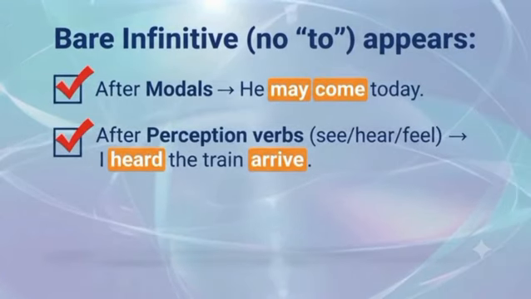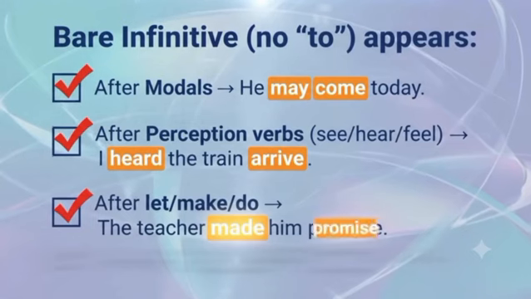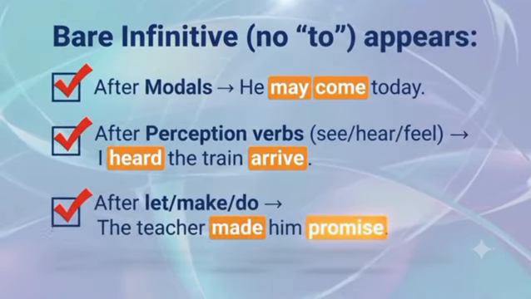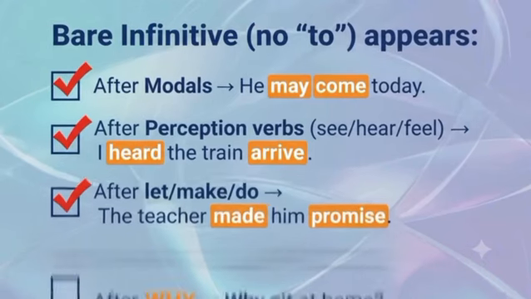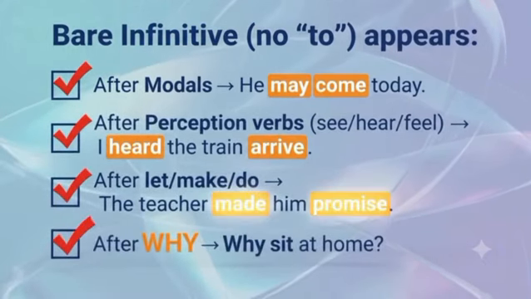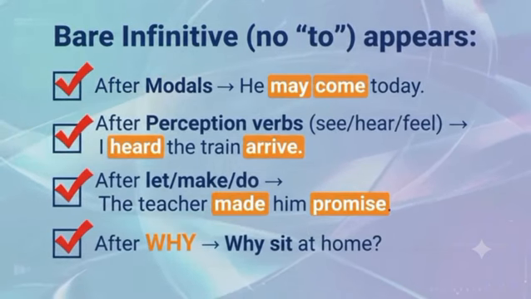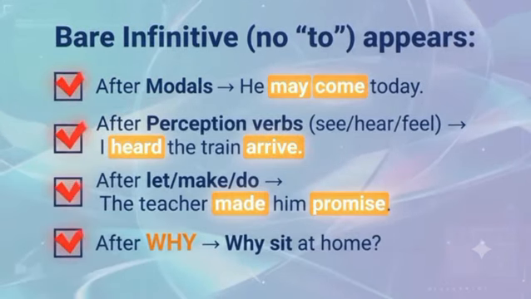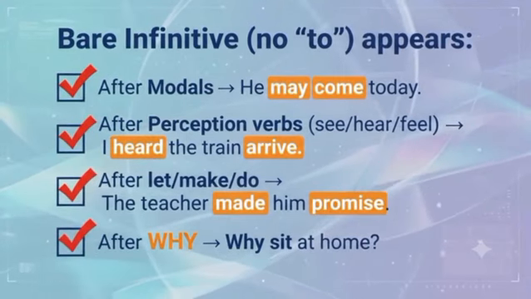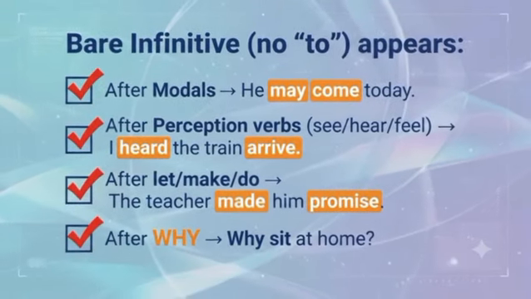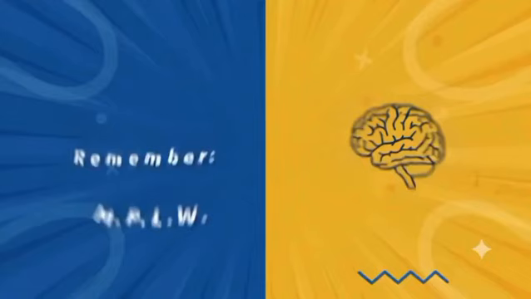After perception verbs like see, hear, feel, taste, for example, I heard the train arrive. After verbs like let, make, do, for example, teacher made him promise. And after the word why in a question. Why sit at home when the weather is good? Four triggers. Memorize these and you will never add an extra to by mistake.